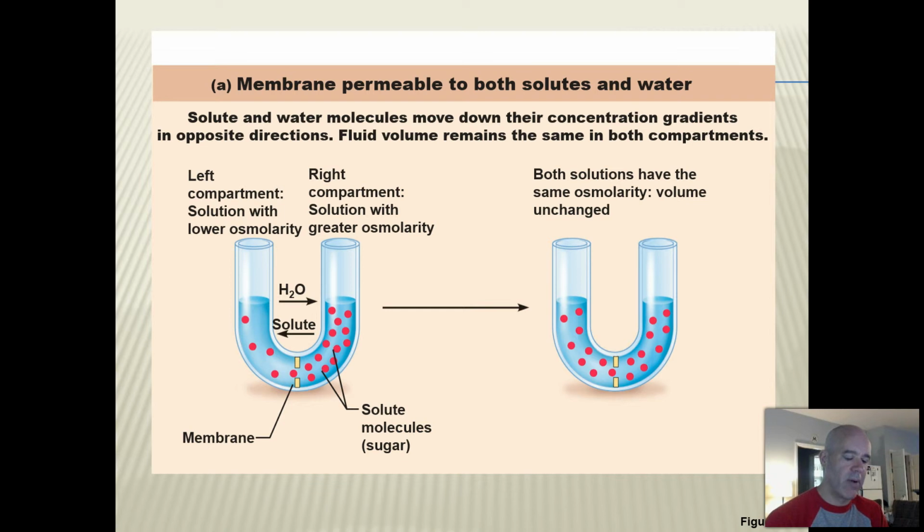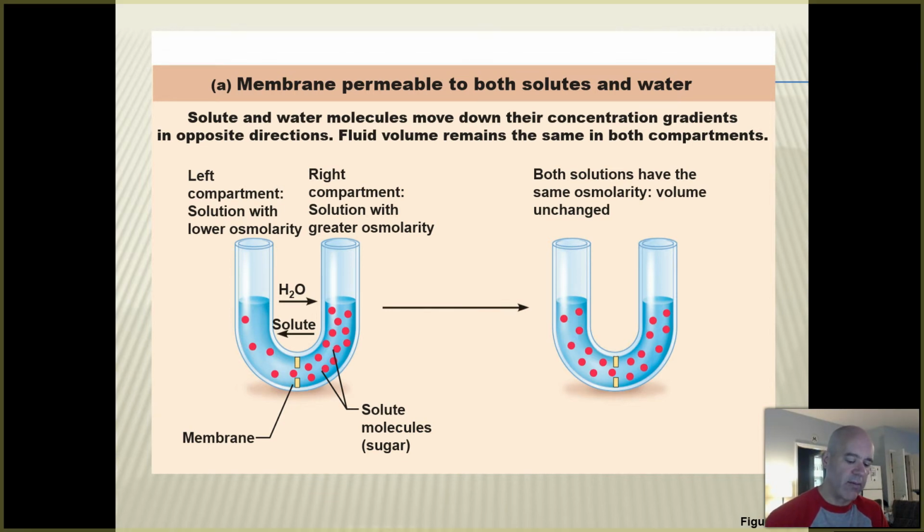So we're going to look at it from kind of a laboratory experiment perspective here. Let's say in a laboratory you had a water-filled U-shaped tube, and you've got a little membrane down here at the bottom of the U. And let's say over here on the left-hand side, you put in a solution with a low osmolarity, low concentration of solutes.